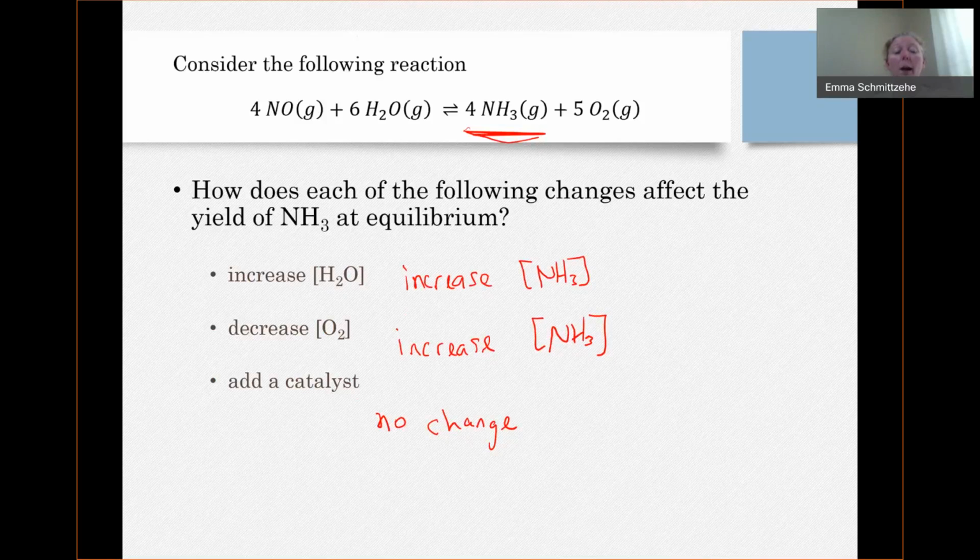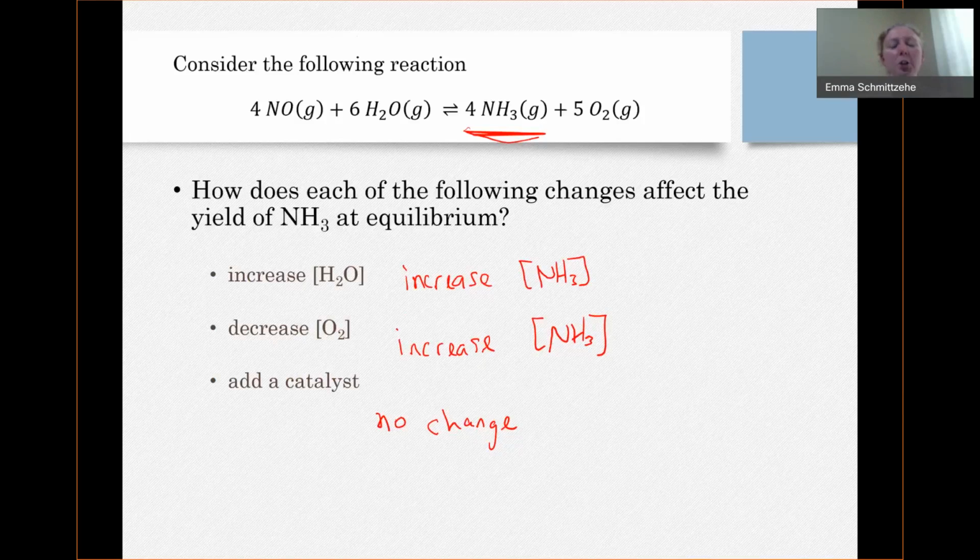Or we could find something that will pull the O2 out of there, something that'll absorb specifically O2 gas. And then that will trick the reaction into forming more products. So understanding Le Chatelier's principle is one way that you could manipulate the results of a reaction. You can trick the system into giving you what you want by changing concentrations of things.